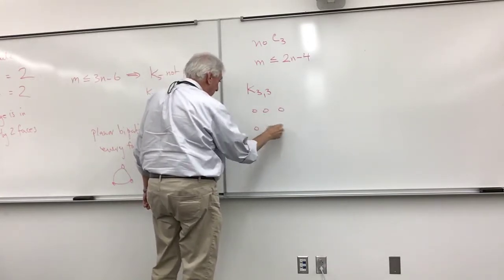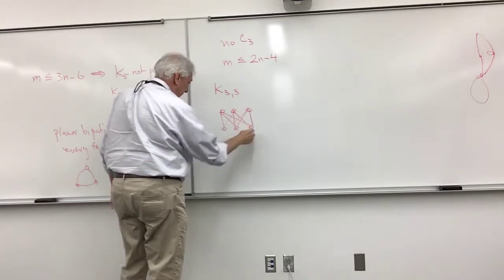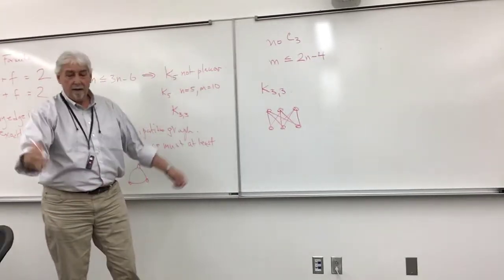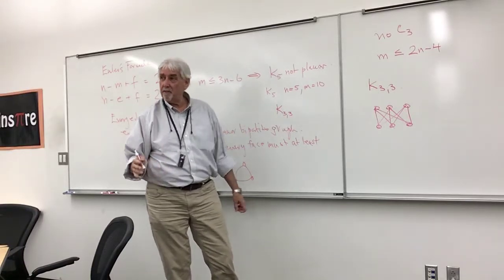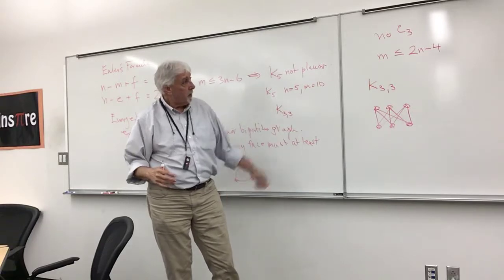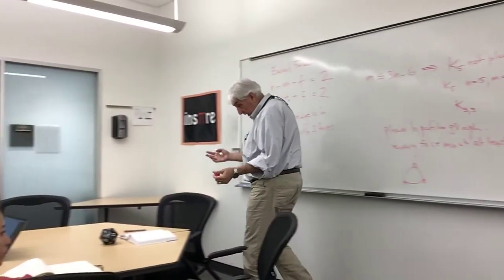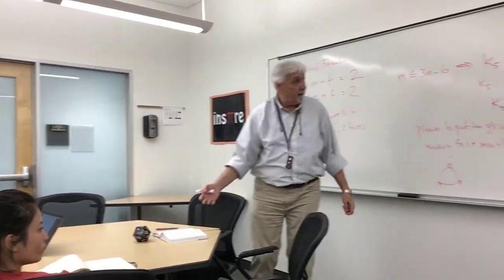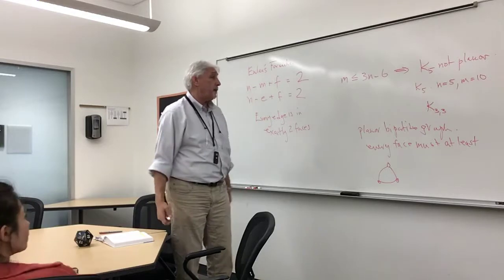K33 is bipartite, and therefore the only cycles K33 has are even. You can even say more: it only has 4 and 6 cycles. There's no 3 cycles in here, so I know that this inequality gives me a bound on the number of edges. So m is less than or equal to 2n minus 4.